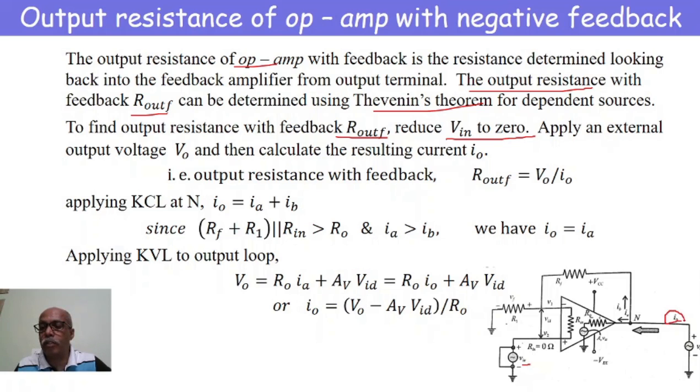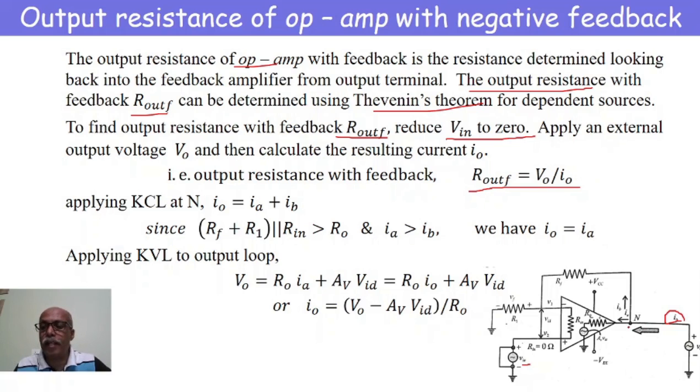The output resistance with feedback is therefore equal to V0 by I0. V0 is the output voltage that we have applied externally, and I0 is the corresponding current flowing through the circuit.